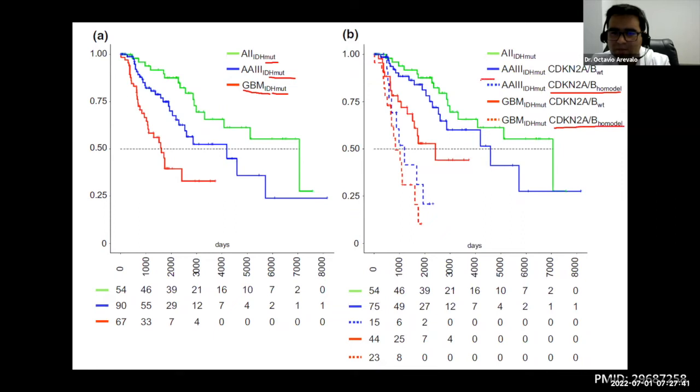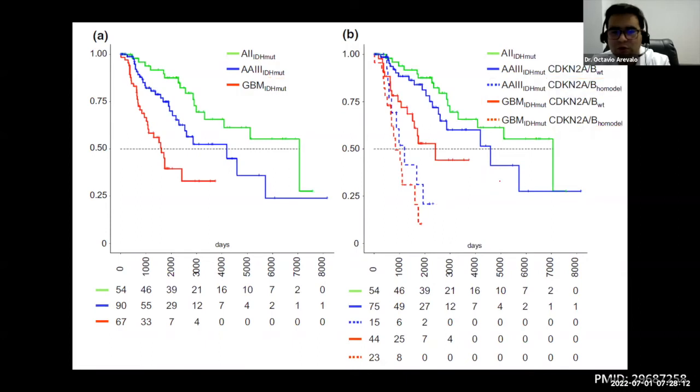If you compare the grade 3s with the grade 4s with normal CDKN2AB, you will see that if you have a grade 3, which is this guy here, with the homozygous deletion, the patient is going to get a very worse prognosis than a grade 4 by histology without the homozygous deletion.